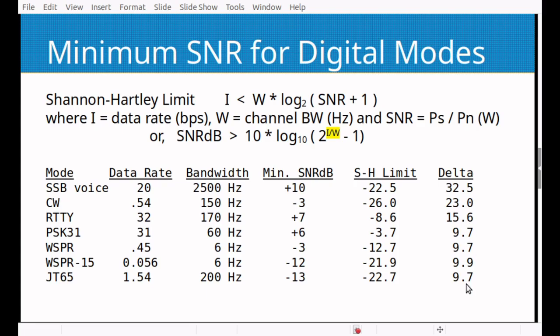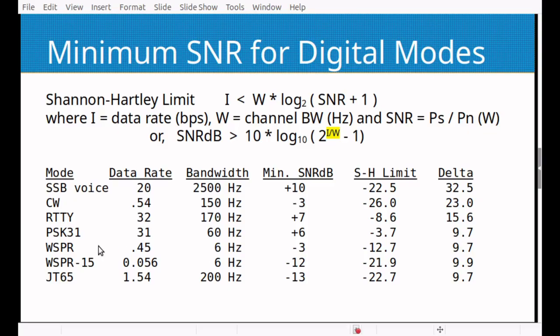The rest of these modes are all within about 10 dB of the limit. And it's unlikely that we're ever going to get a lot closer. We might shave 3 dB off of this in time to get to the theoretical limit. But what this dispels is the conversation I saw in EHAM that says if we get faster computers and better modulation schemes, we're going to be able to dramatically improve our ability to transmit and receive signals.